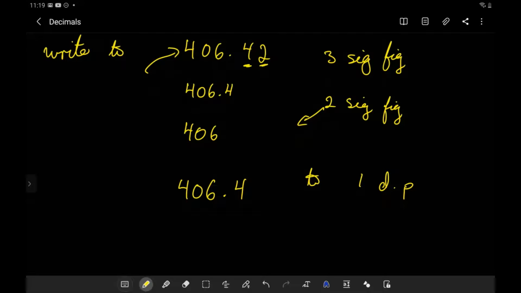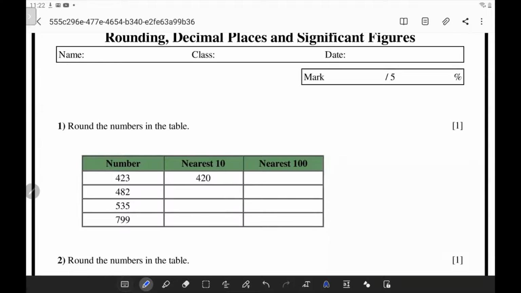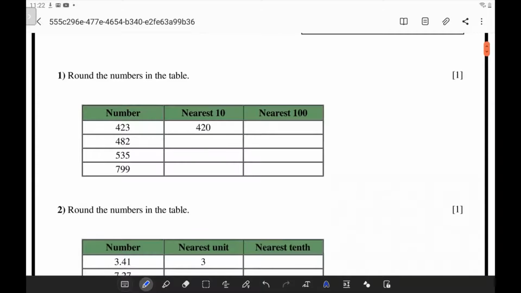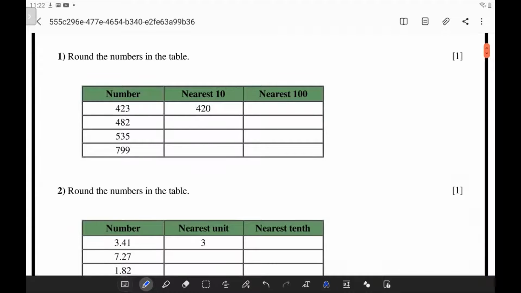Right, so let's see some questions on this. Let's take a look at this worksheet. We want to round the numbers in the table to the nearest 10. 482 to the nearest 10 is how much? 480. 535 to the nearest 10? 540.